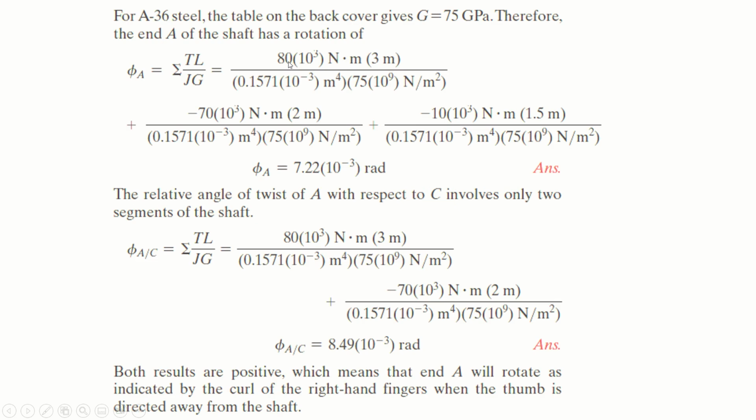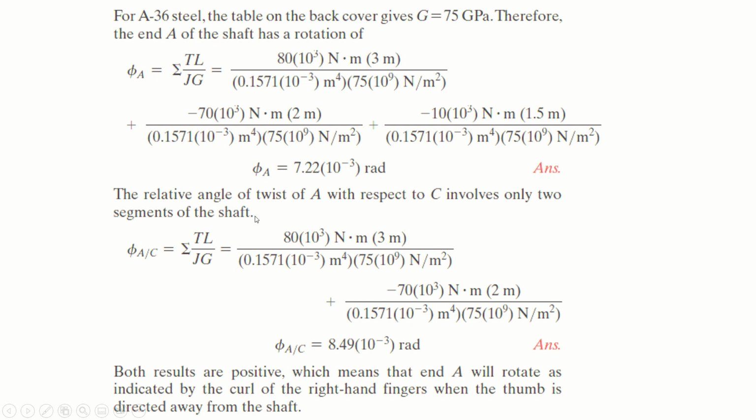So please check the values: 80 positive, 70 negative, and 10 negative, and 3 meter, 2 meter, and 1.5 meter. Of course, J and G will remain constant because the material is the same and the cross section is the same. So twist at A is 7.22 into 10 power minus 3 radians.